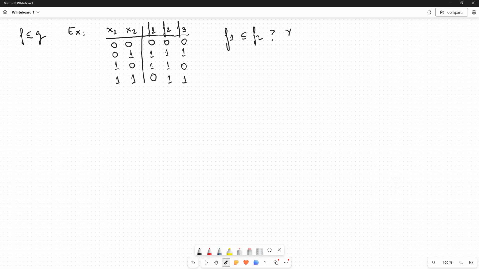Yes. Why? Because f1 is 1 in these two combinations, and for these two combinations, f2 is also 1. Does f2 imply f3? So f2 is 1 for these three combinations. So the answer is no, because for this combination f3 is 0, not 1. So no.